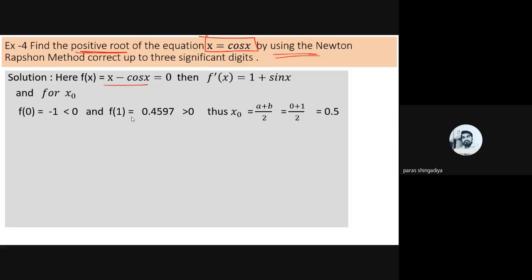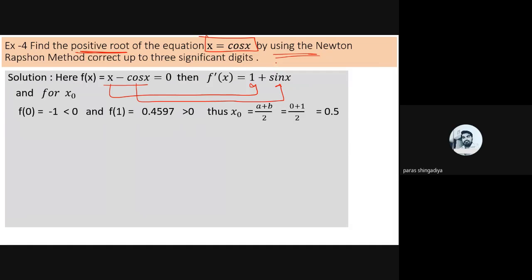So f of x is equal to x minus cos x, the f of x equal to 0 form, and now its derivative. The derivative of x will be 1, and the derivative of minus cos x will have a plus sign, so it is 1 plus sin x. The derivative of x minus cos x is 1 plus sin x.